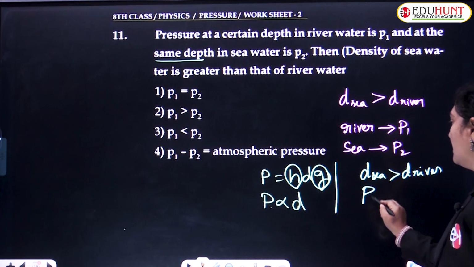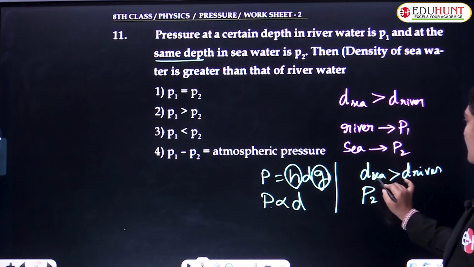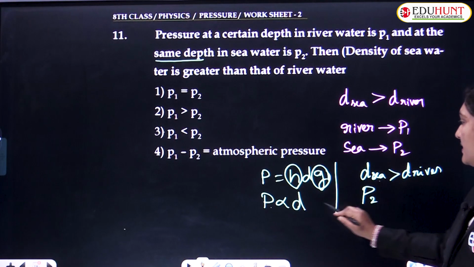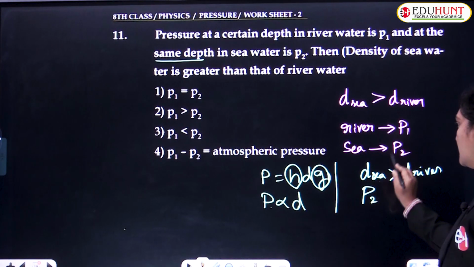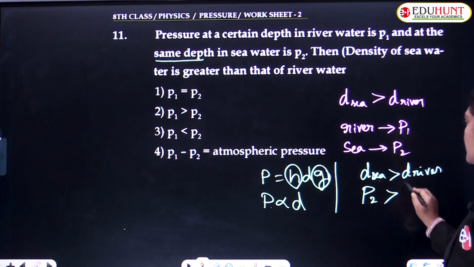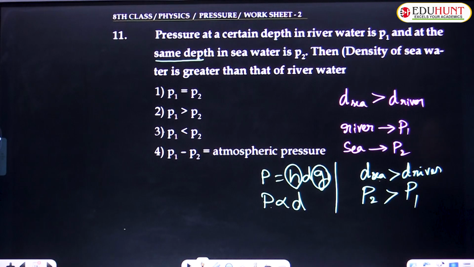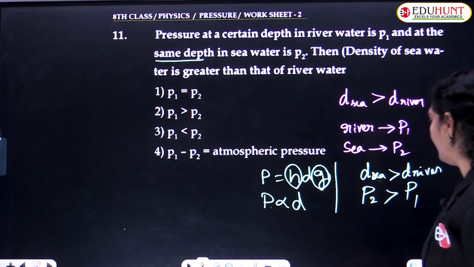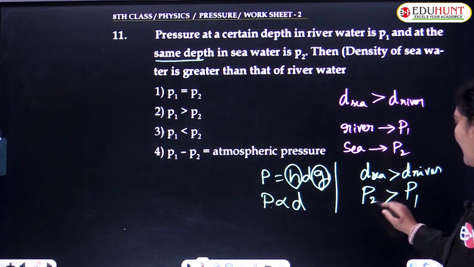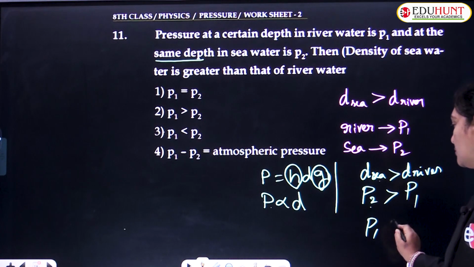So, clearly the pressure of sea water, that is P2, is greater than P1, because density is directly related to pressure. Okay, so P2 is greater than P1. But here they have compared P1. You can also write it in reverse. If P2 is greater than P1, we can conclude that P1 is less than P2.